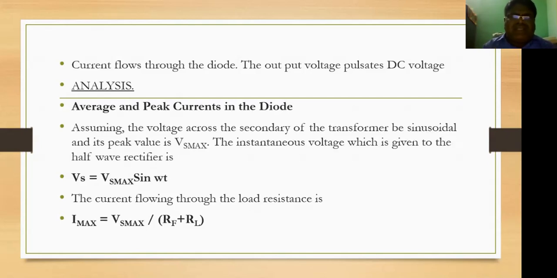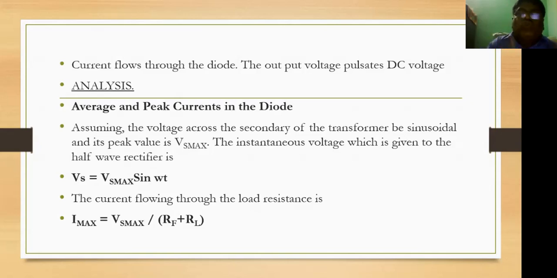Assuming the voltage across the secondary of the transformer is sinusoidal and its peak value is Vmax. The instantaneous voltage given to the half-wave rectifier is Vs = Vsmax sin ωt.